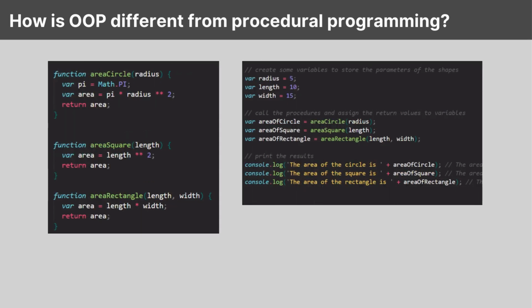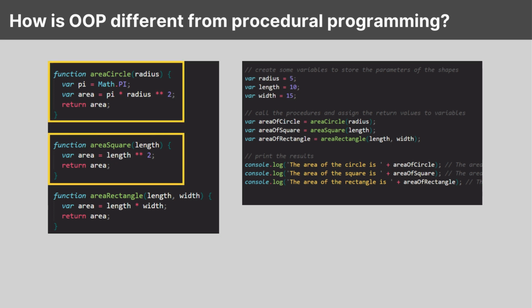For example, let's say we want to create a program that calculates the area of different shapes, such as circles, squares, rectangles, etc. We can use procedural programming to create procedures that take the parameters of the shapes, such as radius, length, width, etc., and return the area of the shapes.